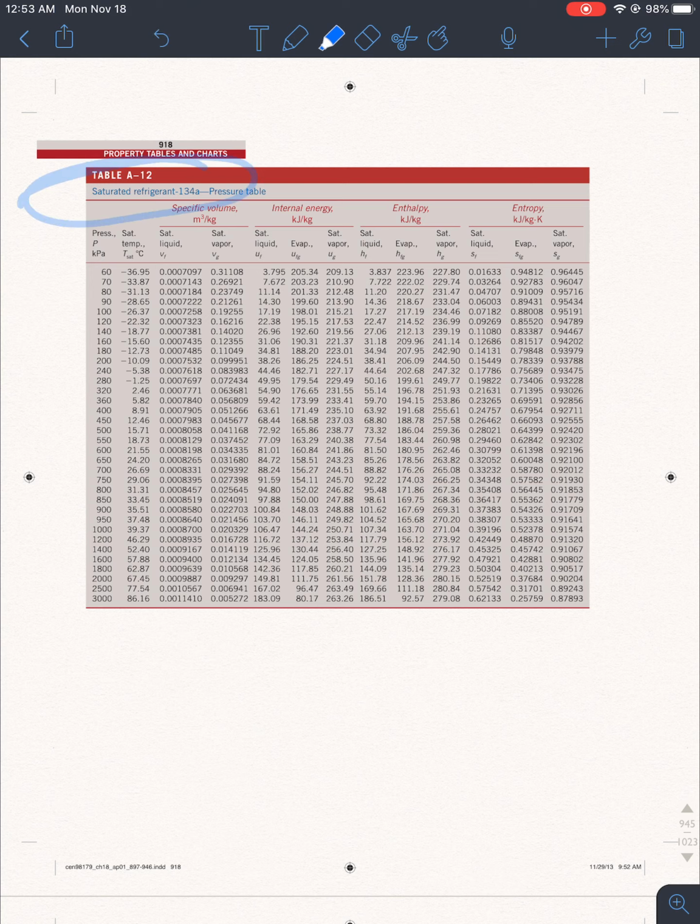Below that is super cold. We're at 1200, which is down here, and this should be correct. Now we are looking at the temperature. The saturation temperature at 1200 kPa is 46.29. Let's double check that. .29, that's correct.